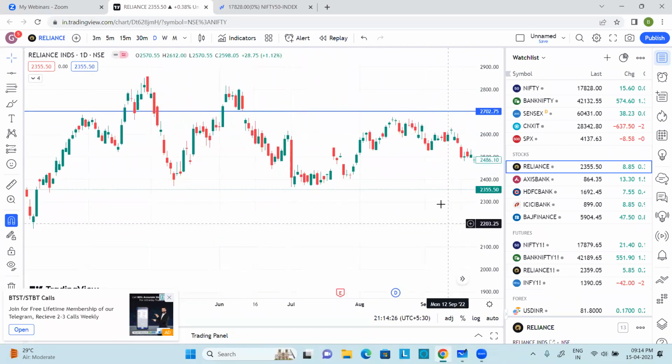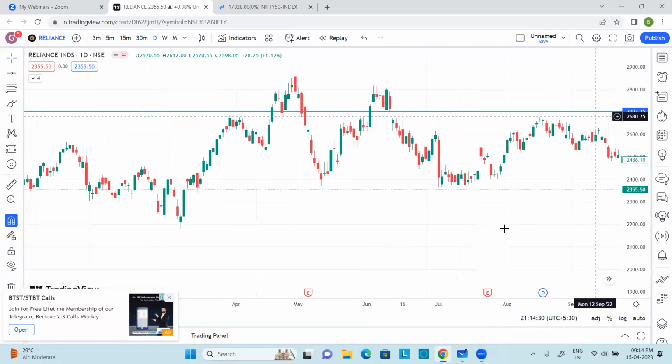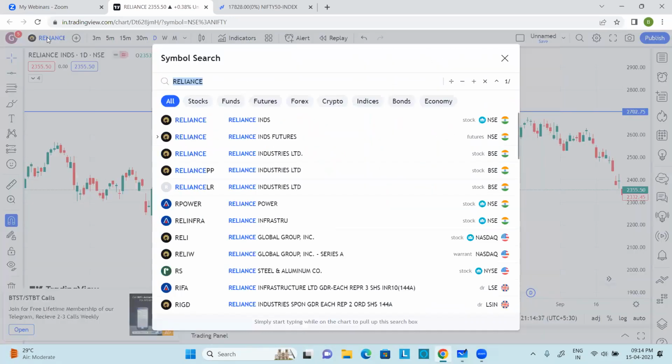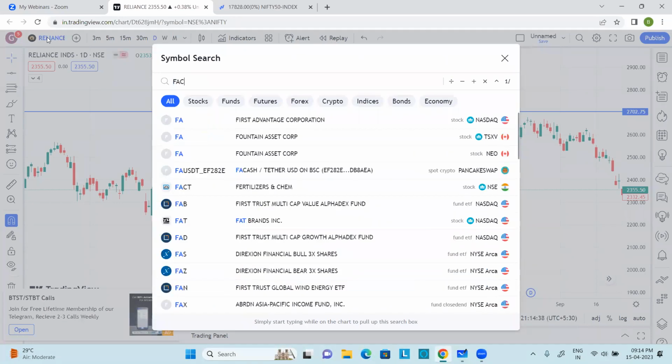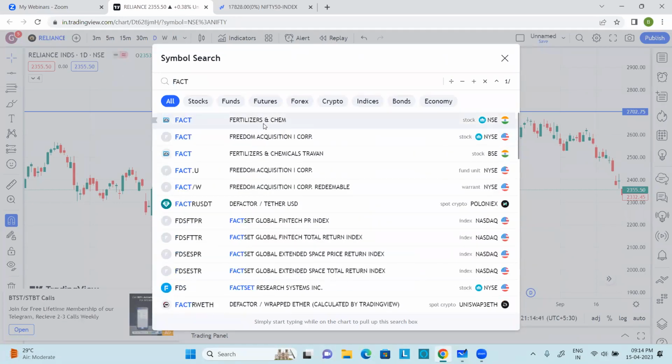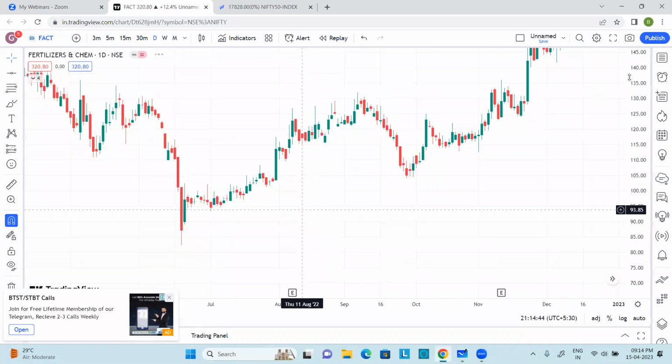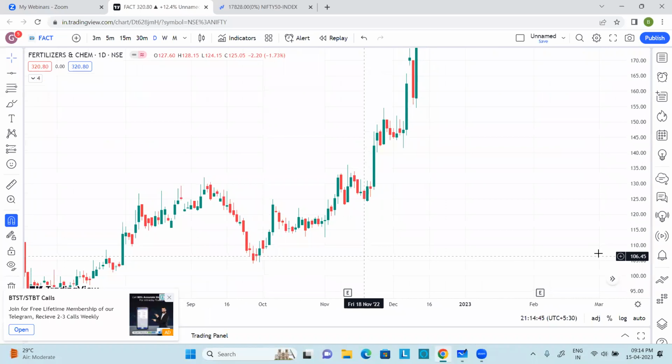See, can you see something here in this chart? Let me see who will find out. FACT, the script, recent.